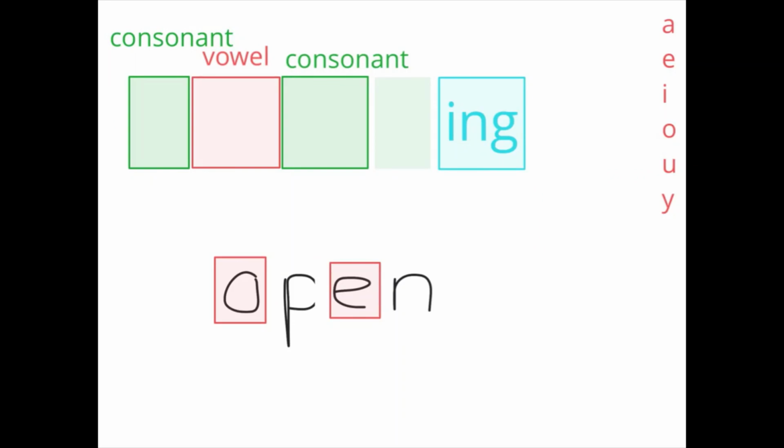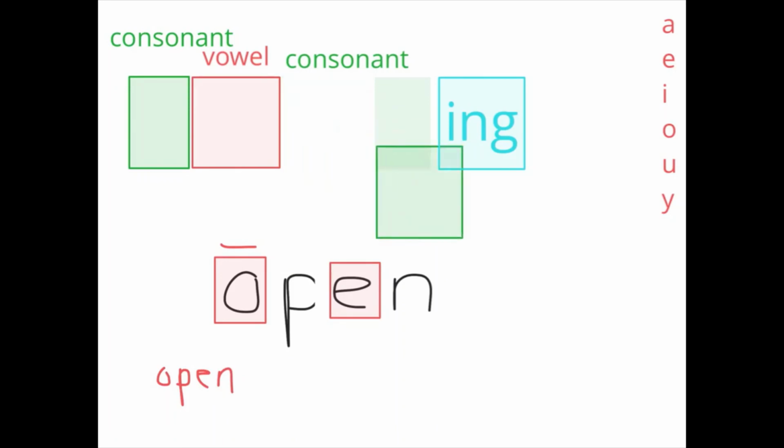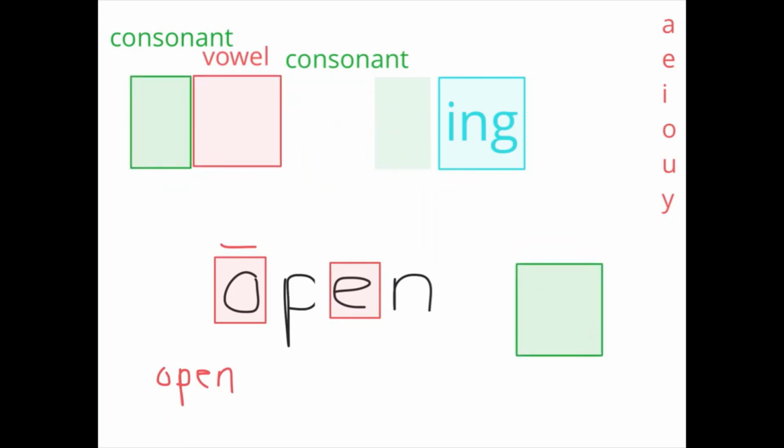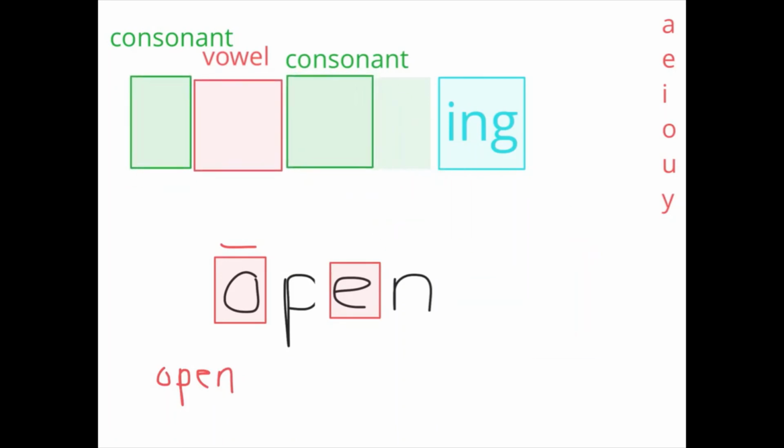It says open. So our vowel is the long O, which means it needs to be an open syllable, which is kind of funny because our word is open. To be an open syllable, it means it needs to be the last letter in the syllable, okay, like this. So we are going to say, oops, I'm not going to use that one. I'm going to use this one.